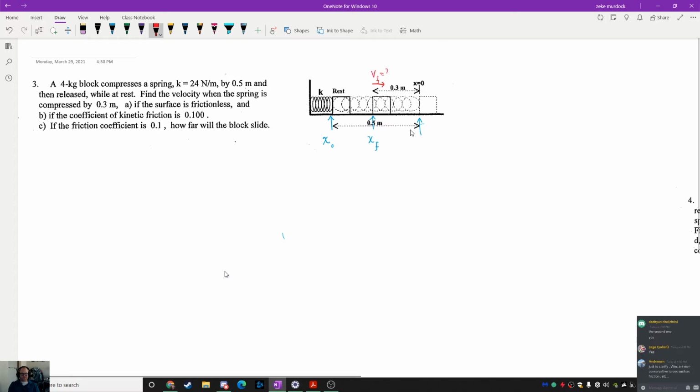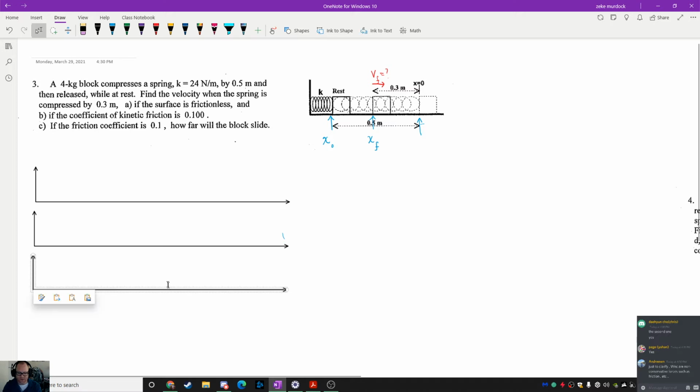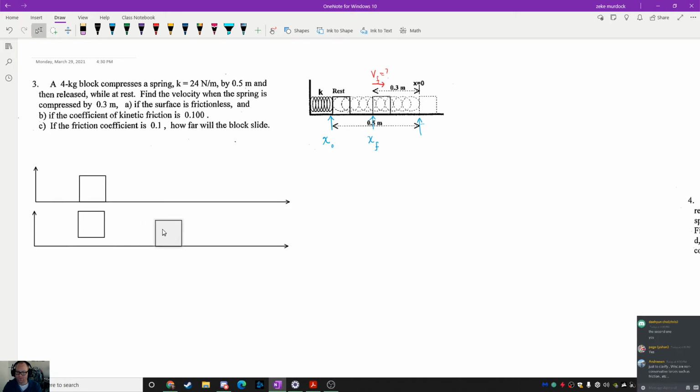I think this picture is kind of hard to actually view, so I'm going to draw my own version of this. We're going to have kind of an initial position like here. And we're really going to need like 3 different positions, but I guess for the first part we just need 2. So we start off with our block here, and the block is going to move to like here. Maybe like here, so we have enough room.